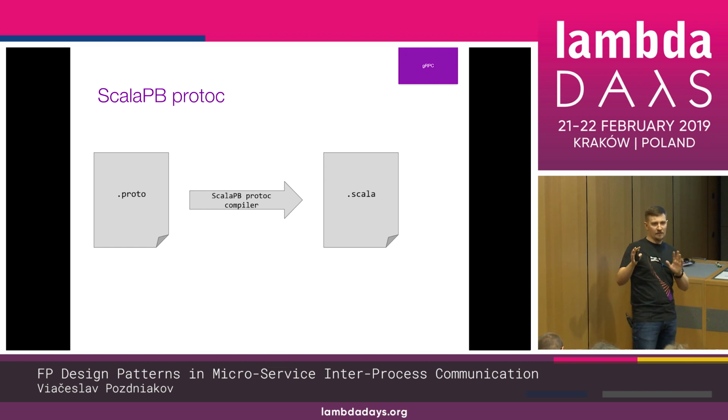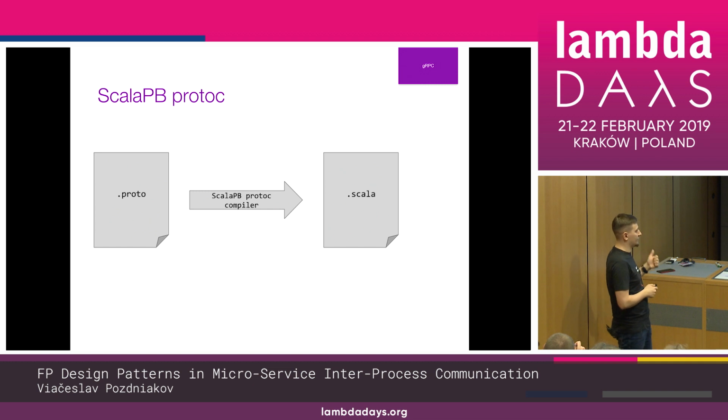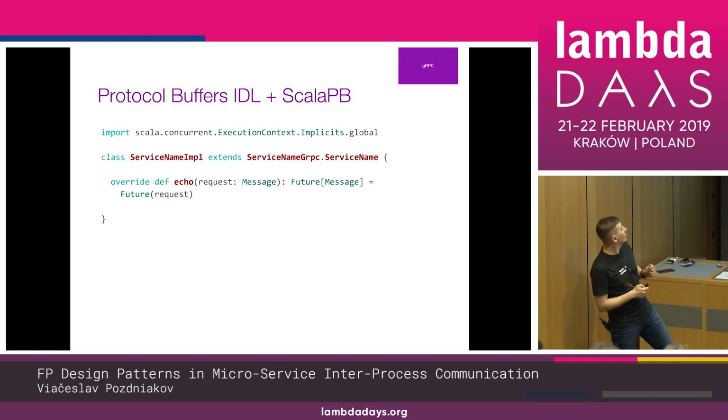It's not like a wrapper for Java entities, with all these options and stuff like that. It's a really nice product. And if you want to implement a service, then you have to implement this interface, which is generated by ScalaPB. It looks quite the same, with the only exception that now you have futures, because gRPC as a protocol is multiplexed and it's fully asynchronous.